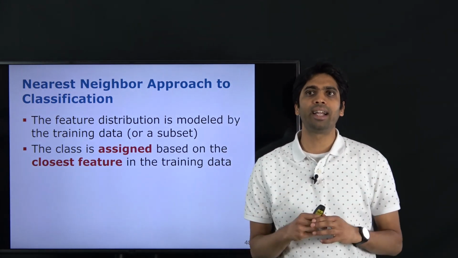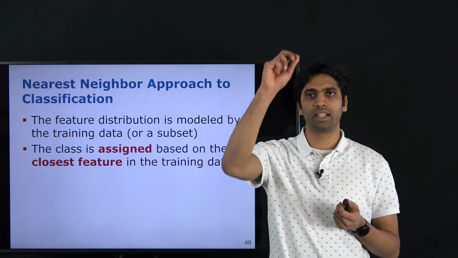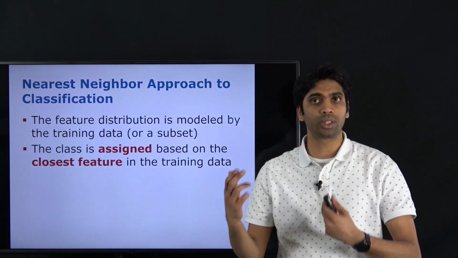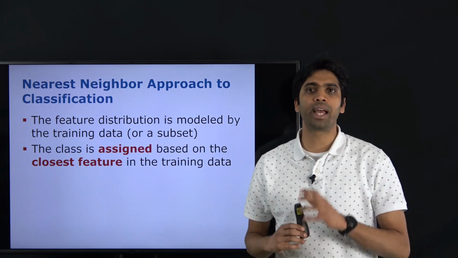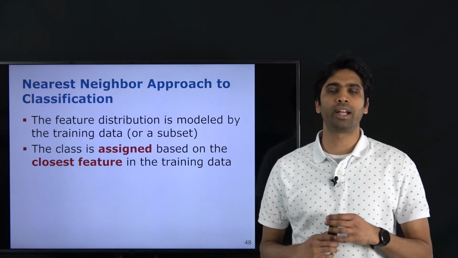And essentially the idea is, given a new feature vector E, we look up in this training data and find that example which is the closest to our current query example, and then assign the same label or the class as that of the training example.